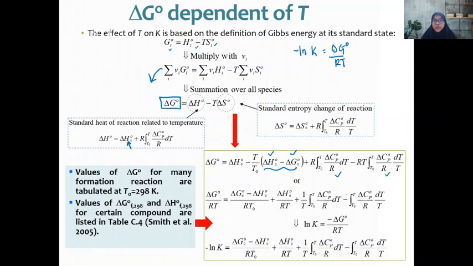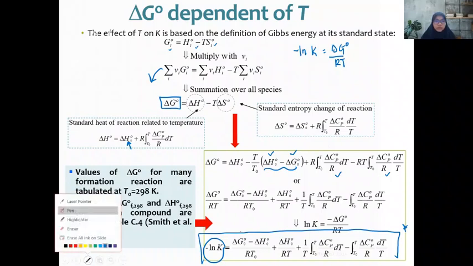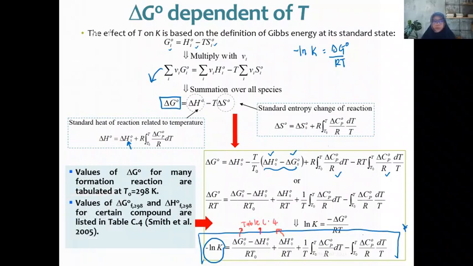Rearrange this equation, and since ln K equal to minus delta G standard over RT, finally we can get the equilibrium constant equal to this equation, to be used in calculating the equilibrium constant based on the standard Gibbs energy and also the enthalpy. Both values can be obtained from table C4. Cp is from table C1.